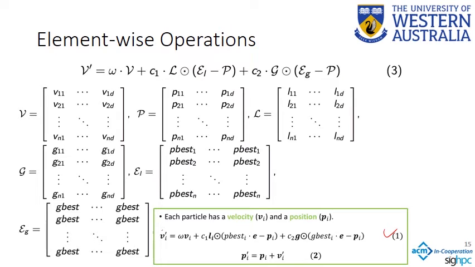Every particle has a velocity and position. So these are two vectors. If we put all the vectors together, they become matrices. In the paper we discuss how to model these problems as element-wise operations, and then we can parallelize that on the GPUs.